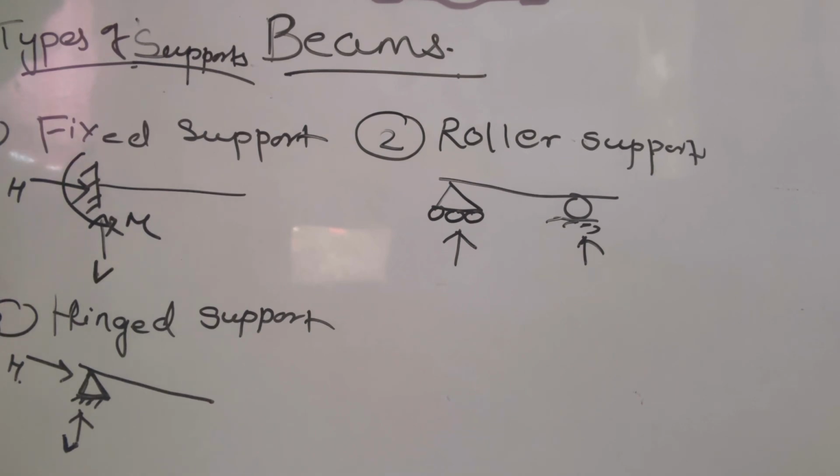So these are the three types of supports. These are the important supports you have to know: fixed support, roller support and the hinge support. These beams are basic, and it is also important for mechanical students, because I think it is included in the SOM subject, strength of materials.